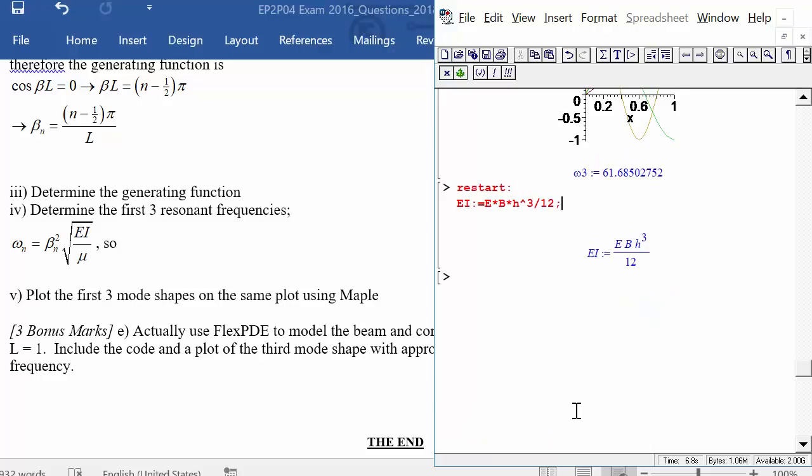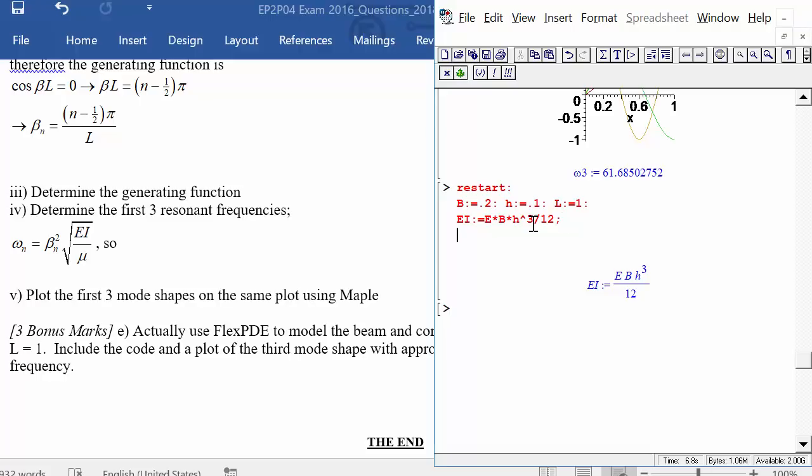So if we want EI over mu to be equal to 1, then we have a lot of options here. We can really just pick a size for B and H. Let's just say that B is equal to 0.2, H is equal to 0.1, and L is equal to 1.